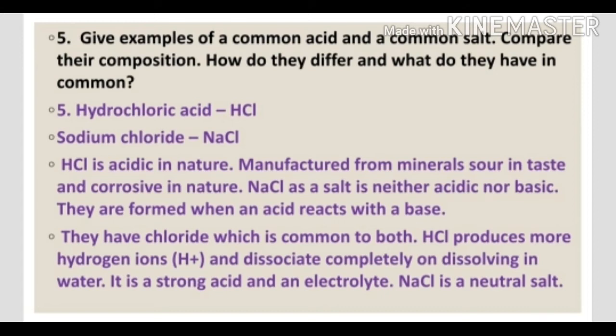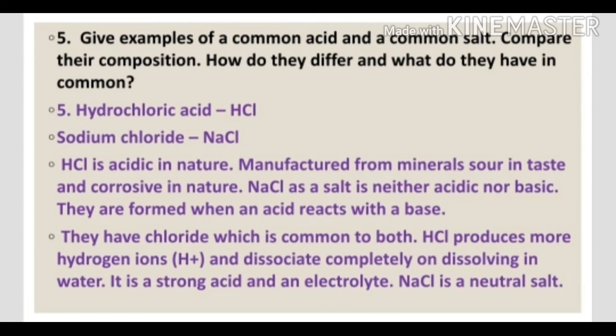Now NaCl as a salt is neither acidic nor basic, means it is neutral, and these are formed when an acid reacts with a base. Now they have chloride, Cl, this is common to both.